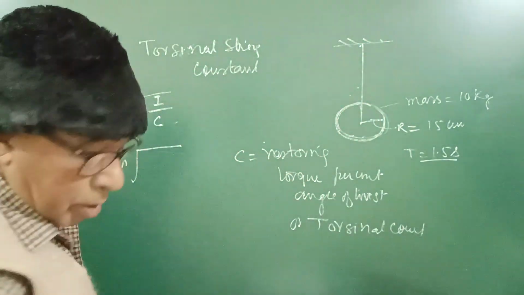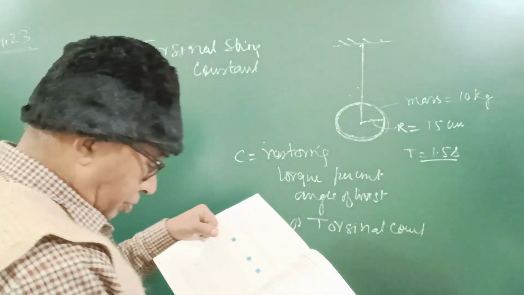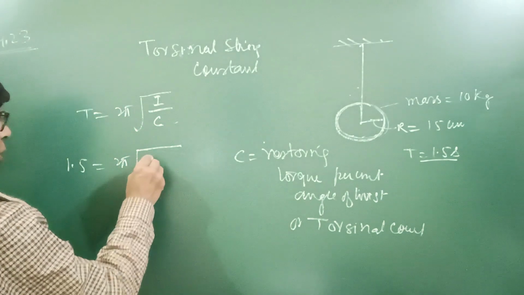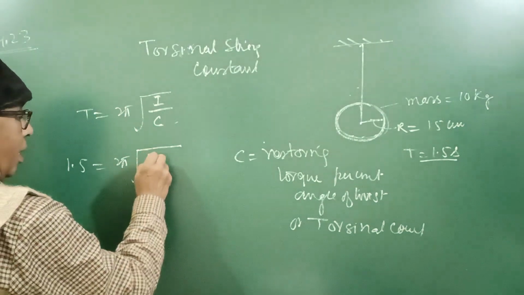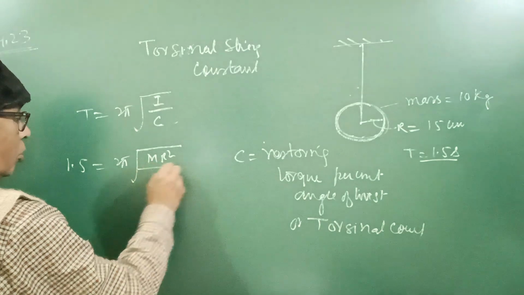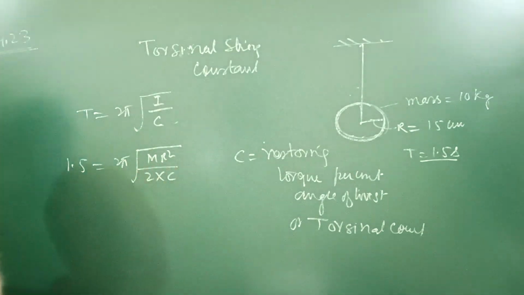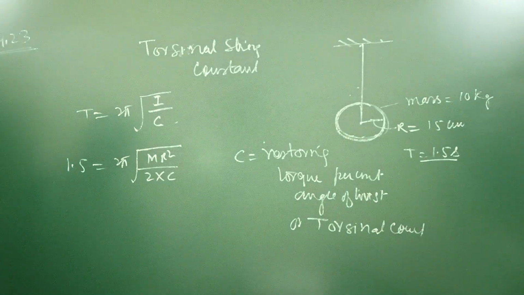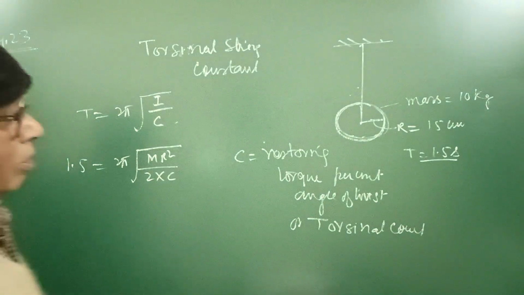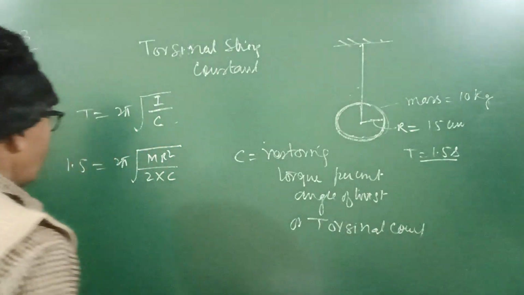Yes, it is a disc, so I is M r square by 2. T equal to 1.5 seconds, radius 15 centimeter.